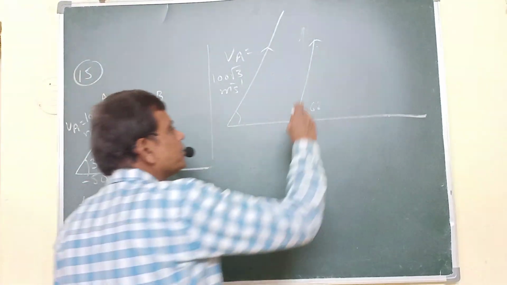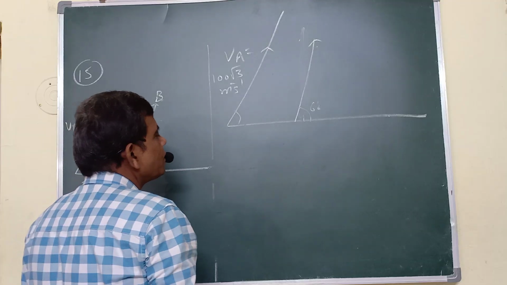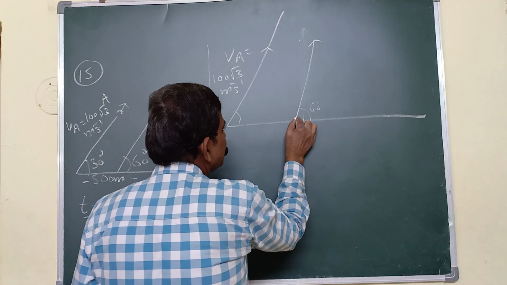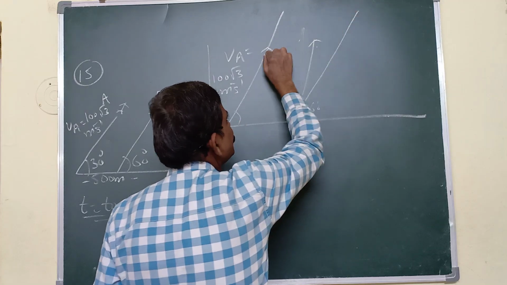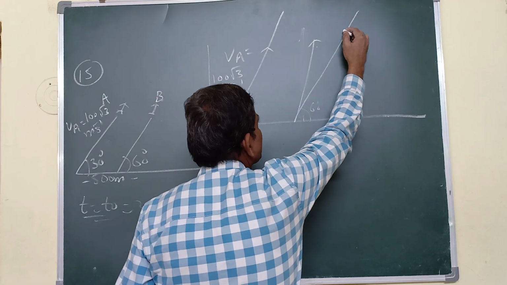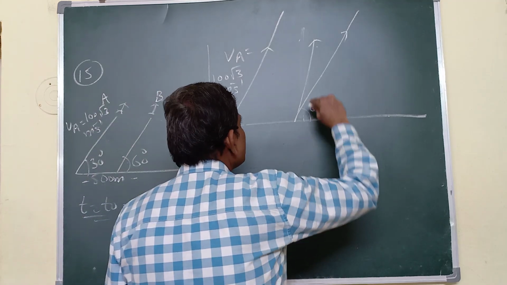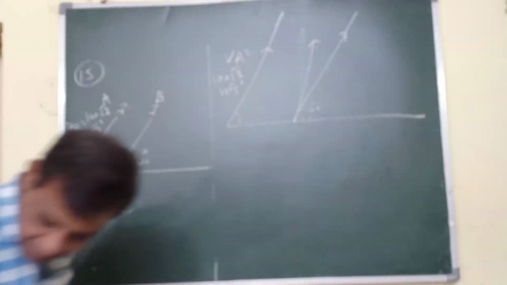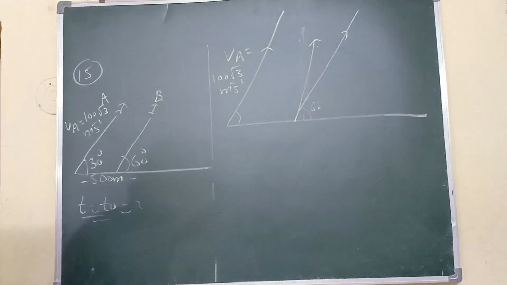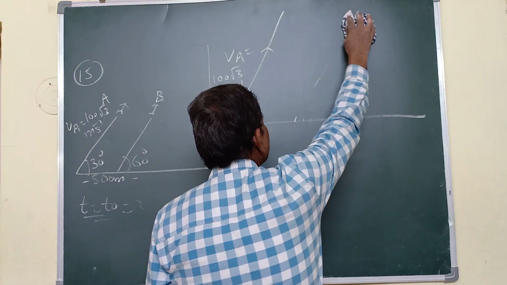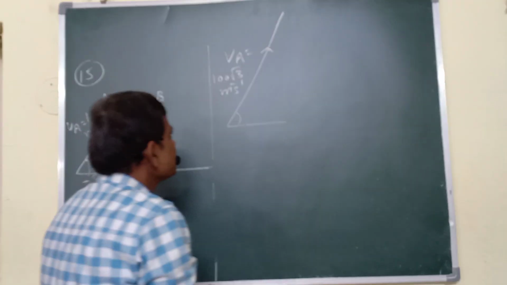This is the B plane. First I take a line parallel to this, and extending it, then you clearly understand.